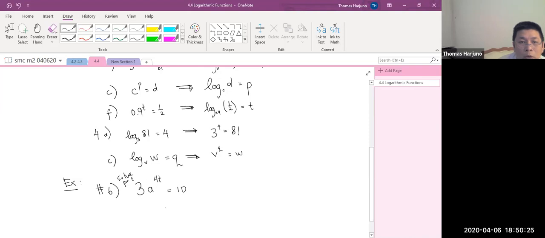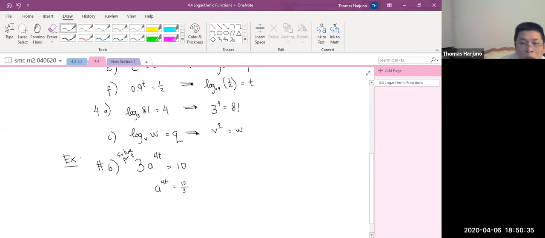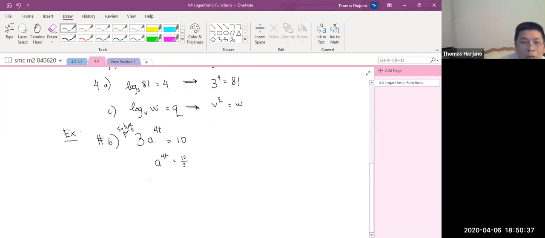So what I will do first, I divide by 3. Now then, when I want to get the exponent, I apply log. So I rewrite that into log form. Log base a of 10 over 3 equals 4t.